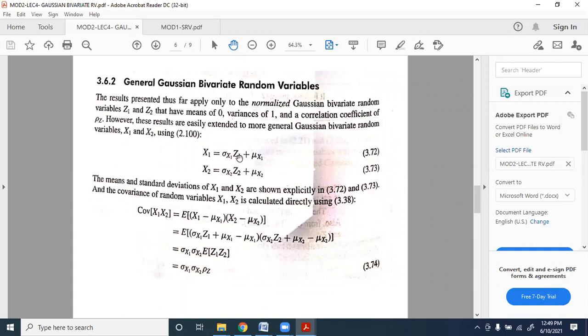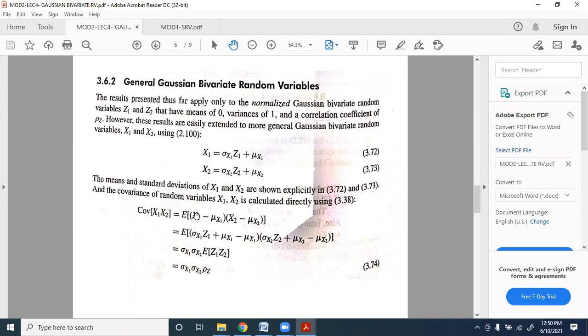If you take that, then the covariance of X1, X2 will be the expectation of X1 minus mu X1 into X2 minus mu X2. Remember that now mu X1 and mu X2 are no more equal to zeros.